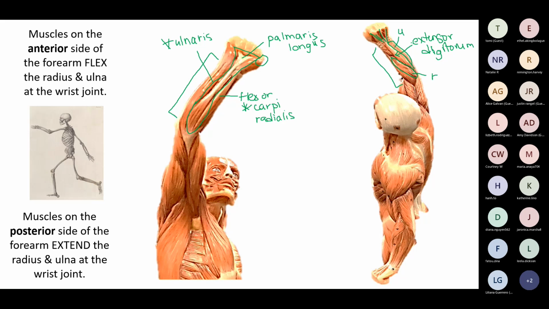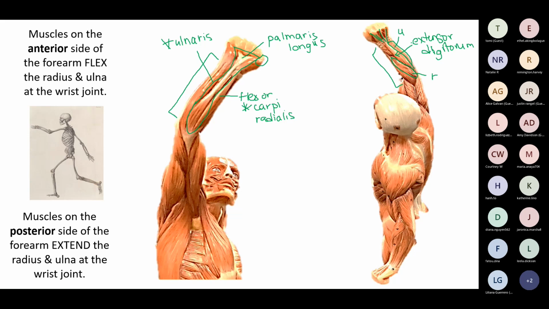So, you must be able to identify palmaris longus, and you must be able to identify extensor digitorum. If you can identify those things, you can find the others. They're just on the radius or the ulna side. And to help us keep track of extensor or flexor at the beginning of their name, remember what the movements look like at the wrist.